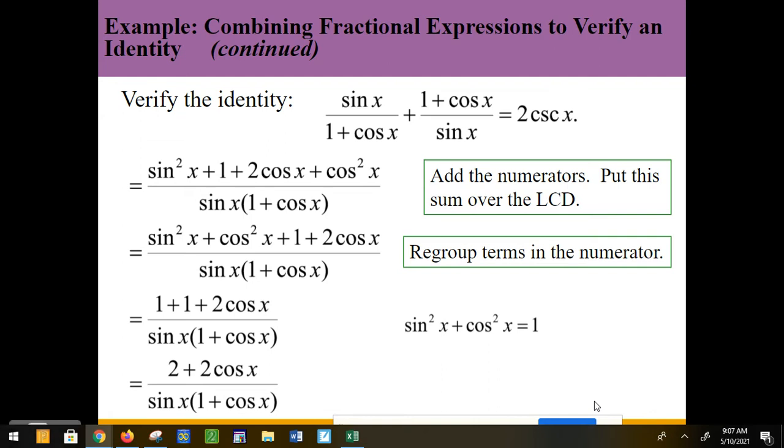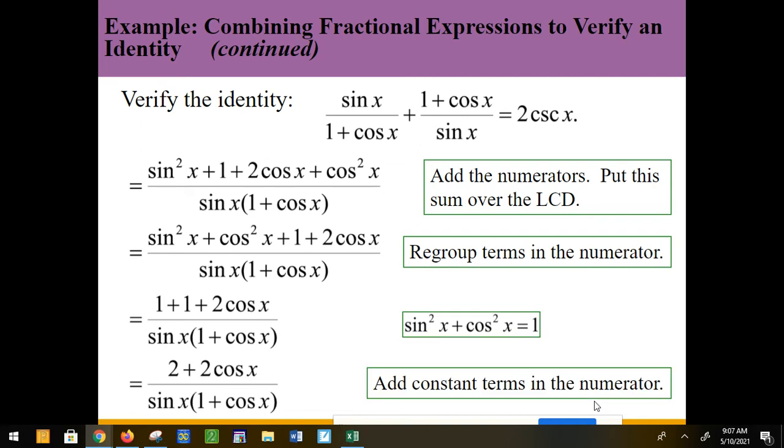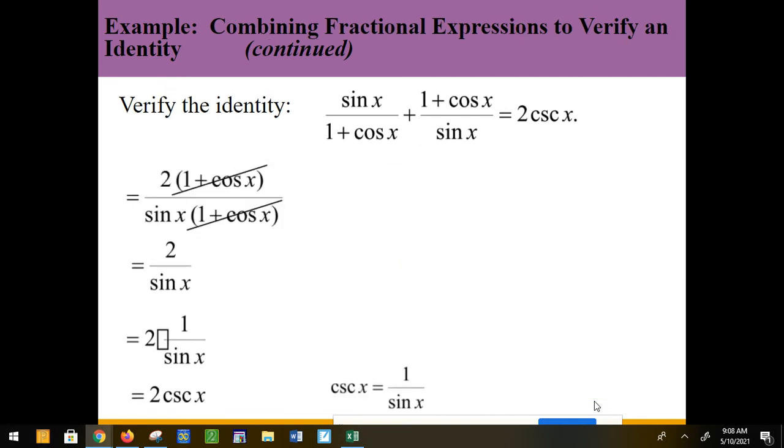Now 1 plus 1 is 2. Now you've got 2 plus 2 cosine of x as the numerator. The denominator we didn't really touch on this slide at all. And again, we added those to get the 2. Now you can divide out the 1 plus cosine of x.